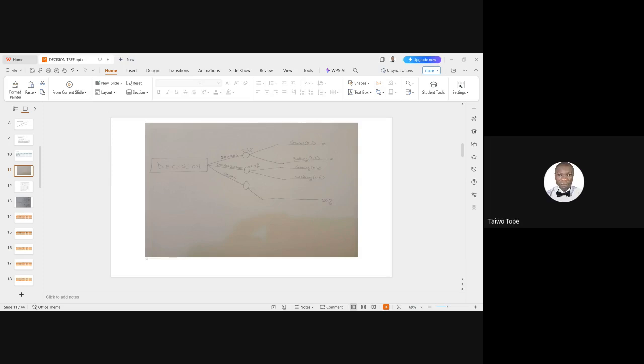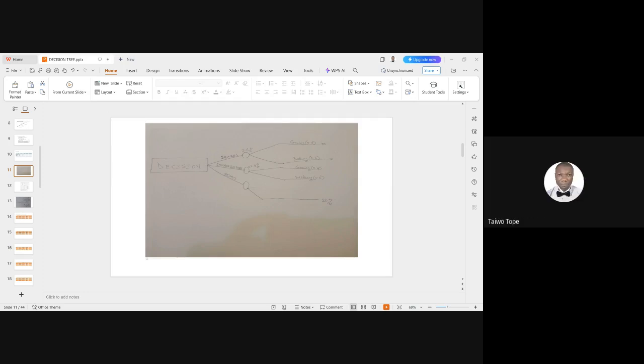That is 0.4 multiplied by 63 to give you 25.2.